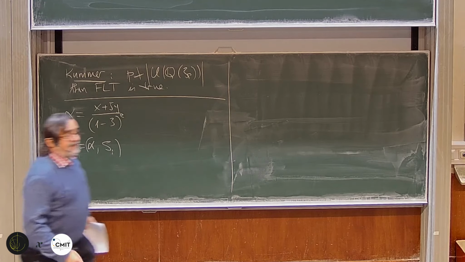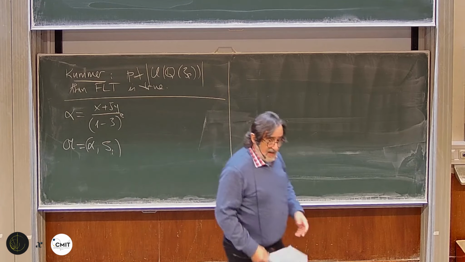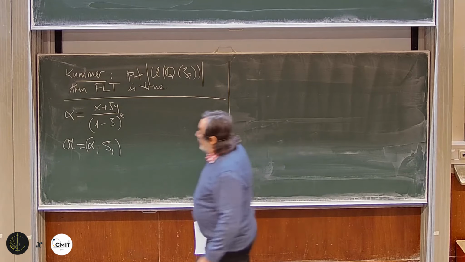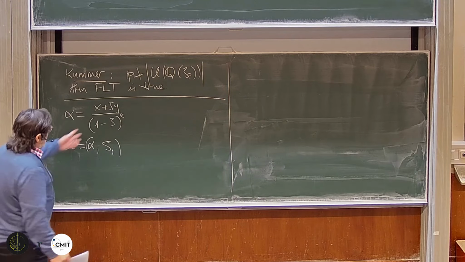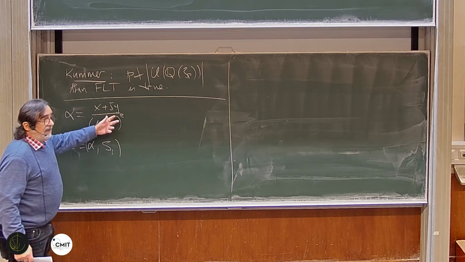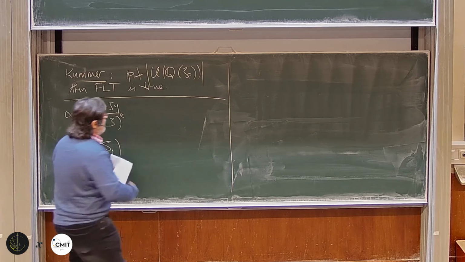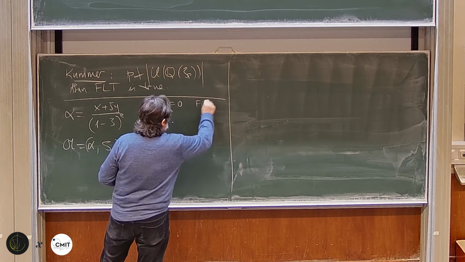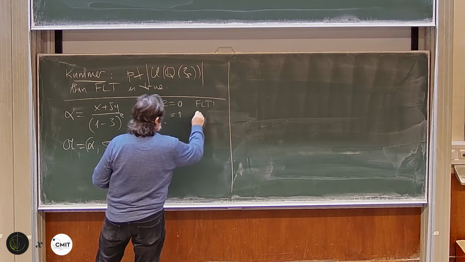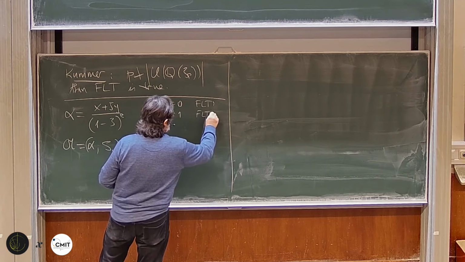I told you that x plus zeta y is a divisor of x to the p plus y to the p. Maybe I have to divide by p in the second case, so e will be 0 in the first case and 1 in the second case.